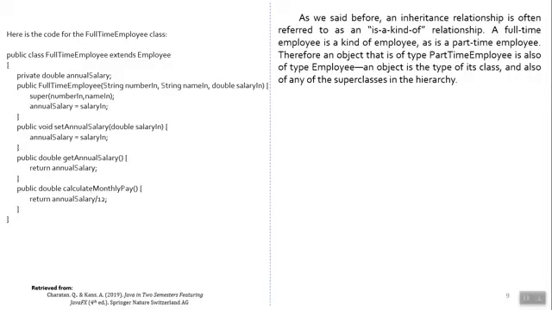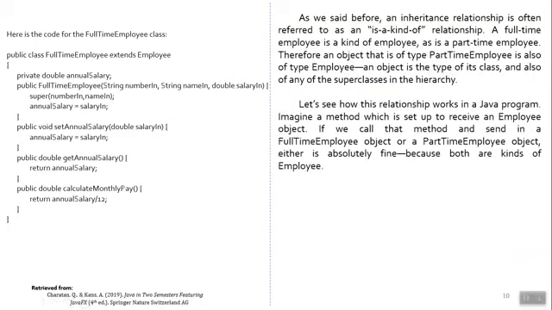A full-time employee is a kind of employee, and as you can see here, the full-time employee extends the employee class. It belongs to the family of employee, or it's a type of employee. Therefore, an object of type part-time employee is also a type of employee. An object is the type of its class and also of any of the superclasses in the hierarchy.